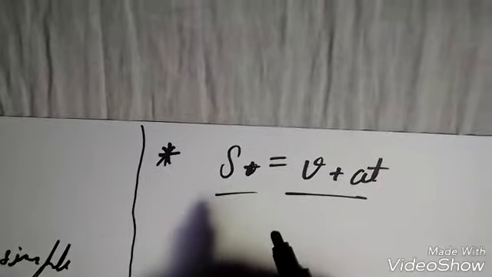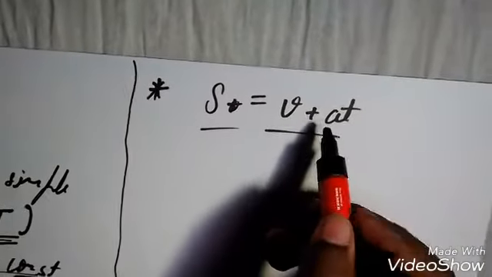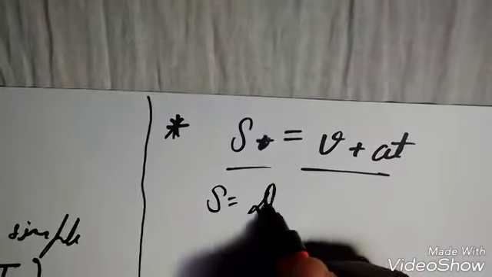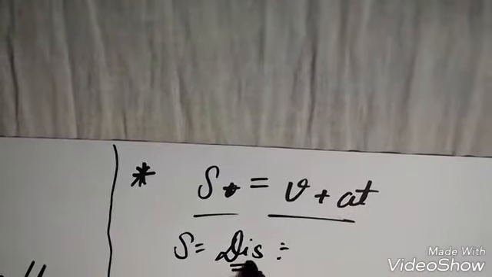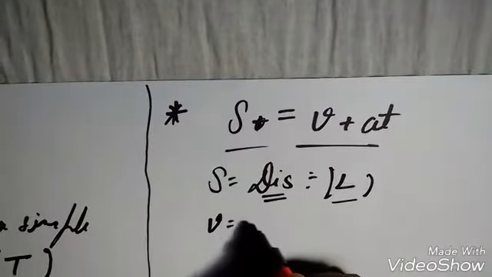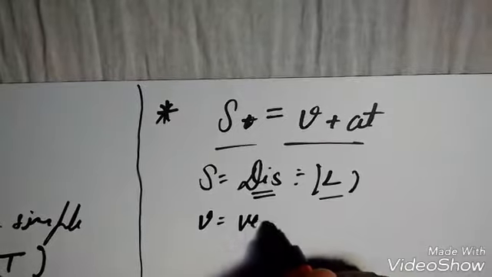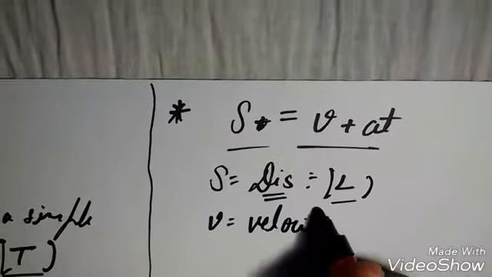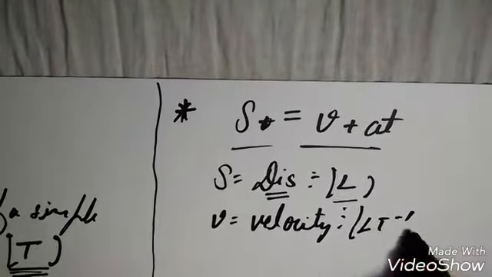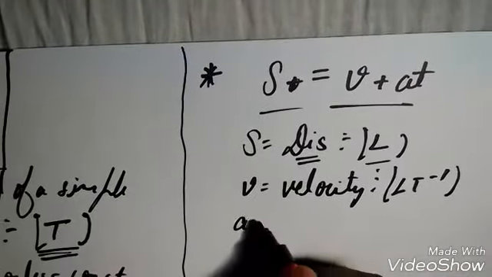Let's take one more example. S is equal to V plus AT. S is denoting here distance, which has a dimension formula of capital L. V is denoting here the velocity. As a physical quantity, it has a dimension formula of LT^-1.